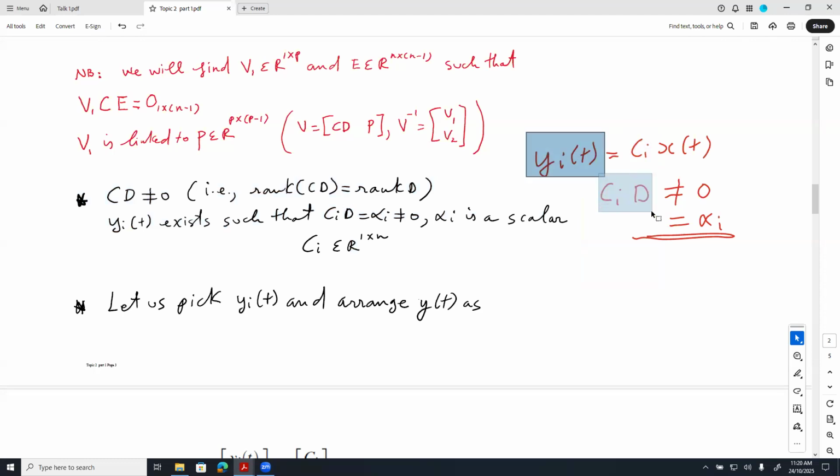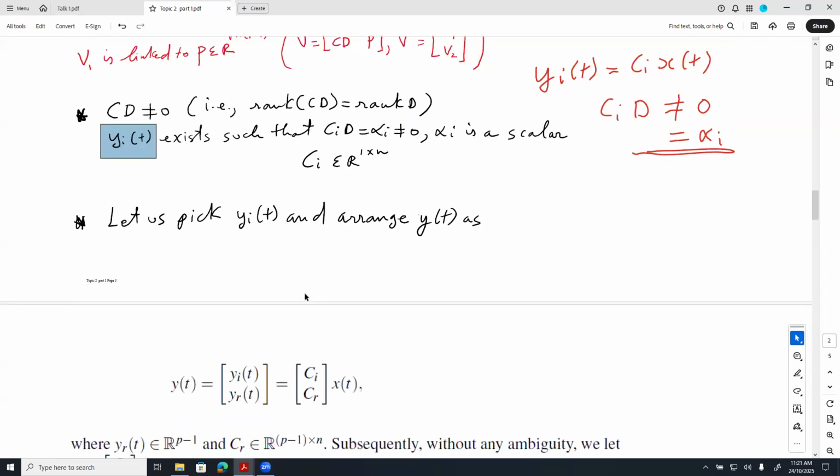And when we multiply that with the unknown metric D, it gives you a non-zero element, and we call it alpha i. And let's say we pick that yi of t output measurement for the analytical expression for the unknown input.